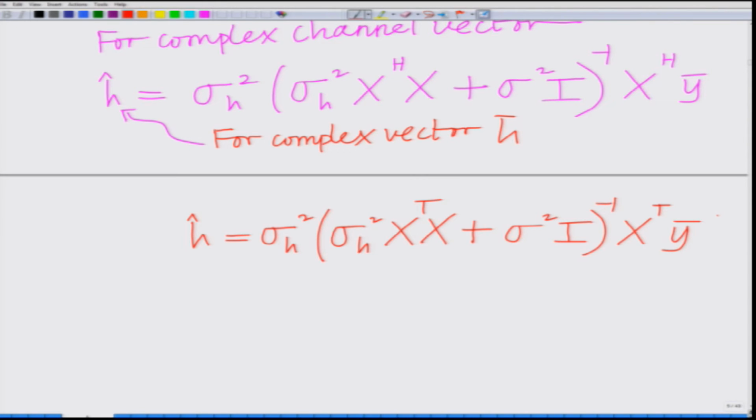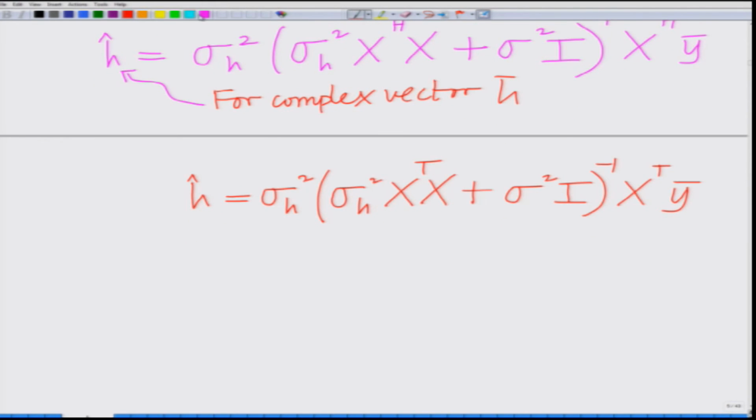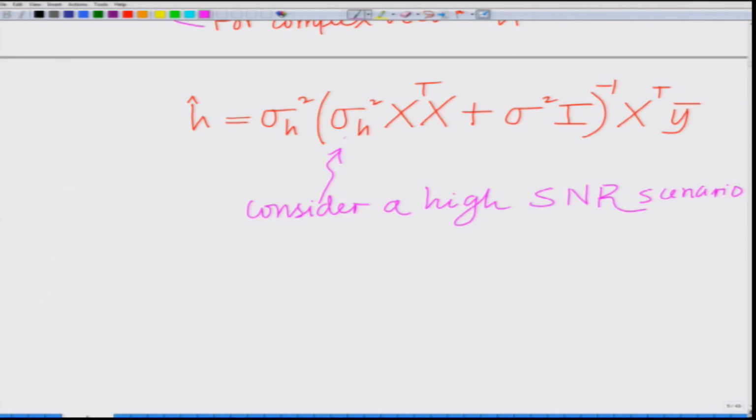Now, consider the scenario of a high signal to noise power ratio, a high SNR scenario. In a high SNR scenario, remember what will we have? The signal power is much greater than the noise power. So, look at this, this is a signal component, this is your noise covariance.